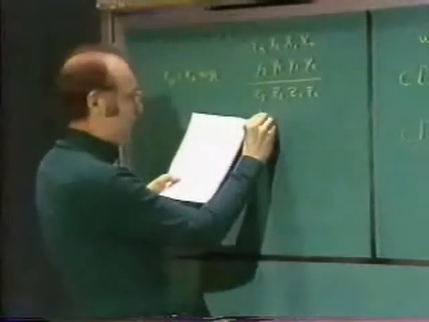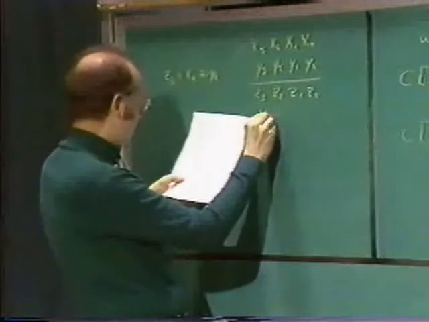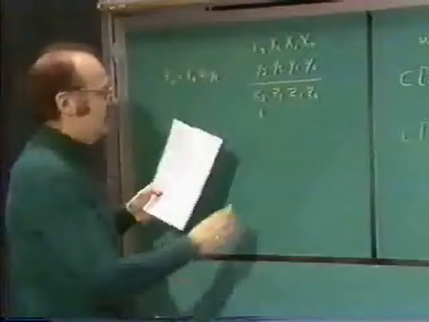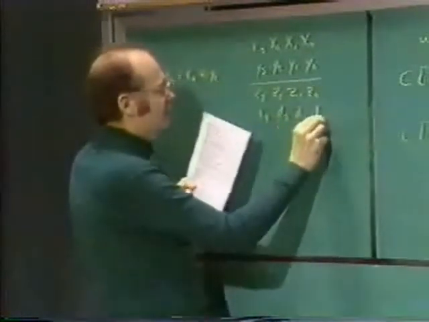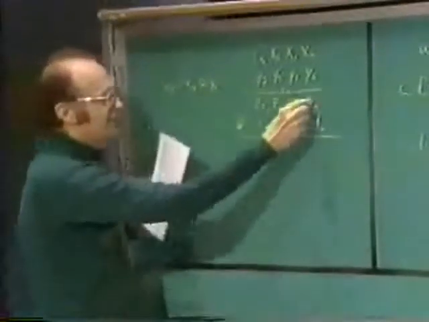So it looks like I take D3, D2, D1, D0, and this is plus this. And so the final answer is going to be the exclusive OR of these.